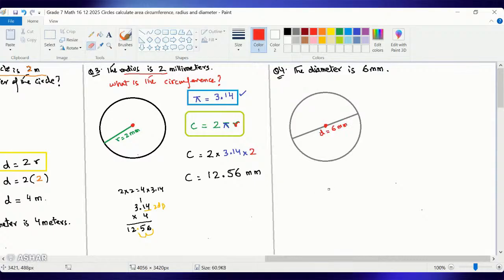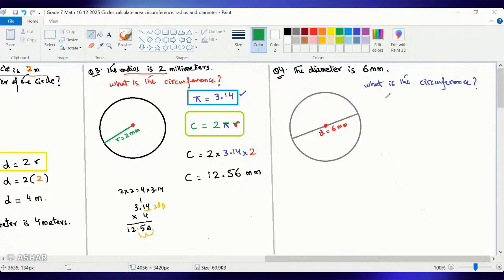What they are asking us in the question is, what is the circumference?